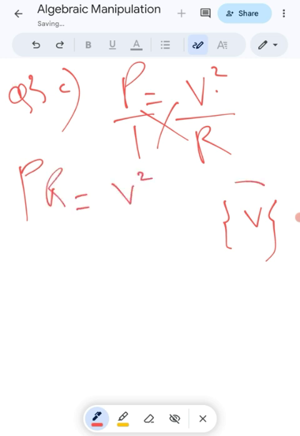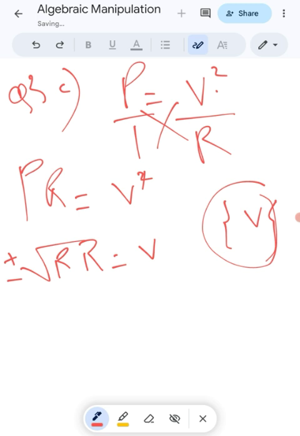As I had to get only V as my subject, and this was a square, so I put a root on the other side by cutting the square, so it becomes plus minus root of PR is equal to V, as well as root also. Sorry, my P looks more like an R, so I'm writing it once again. Okay, so this is going to be your answer.